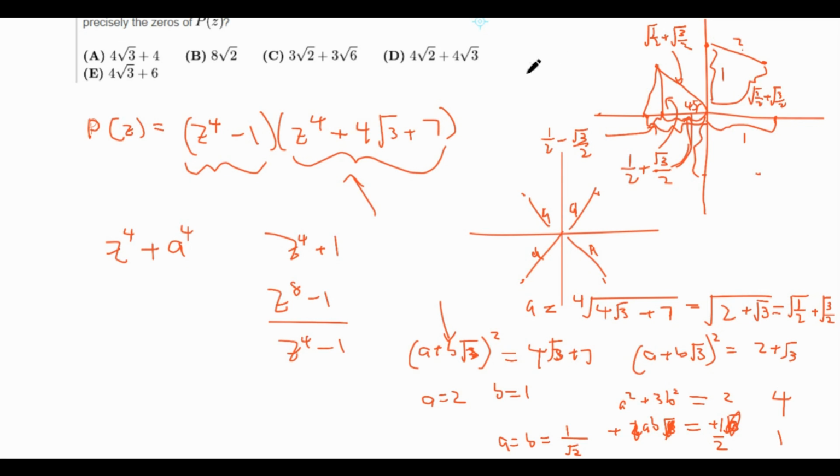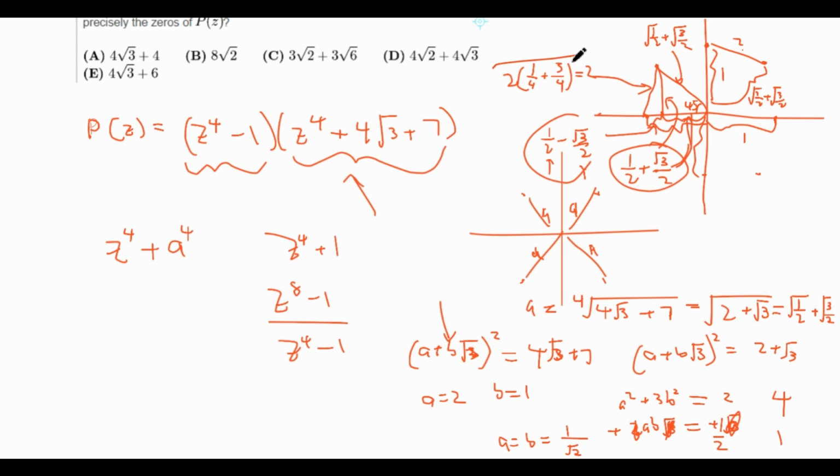We can use the Pythagorean theorem to get that this distance is just equal to, well, if you square both of these and add them together, then the 2ab term of the a squared plus 2ab plus b squared part cancels out, and you're just left with 2 times this thing squared plus this thing squared. So that's just equal to 2 times 1/4 plus 3/4, which is equal to 2.